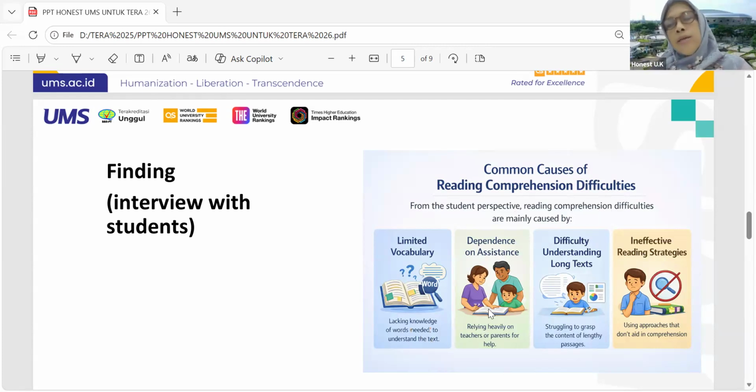Second, students rely heavily on teachers or parents' help. Third, students struggle to grasp the content of lengthy passages. Next, students sometimes use ineffective reading strategies, so they need effective reading strategies. This is the result of the interviews from the student aspect.